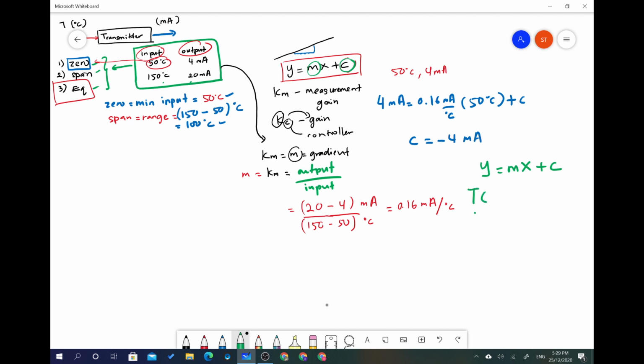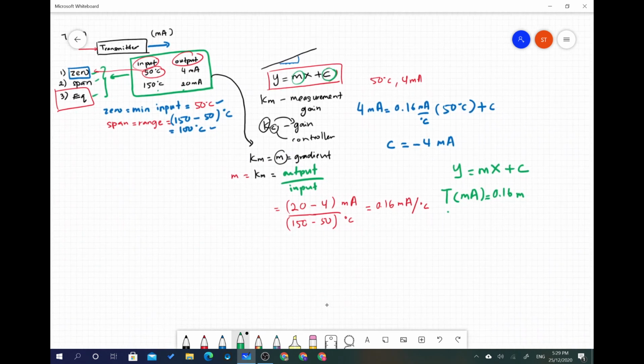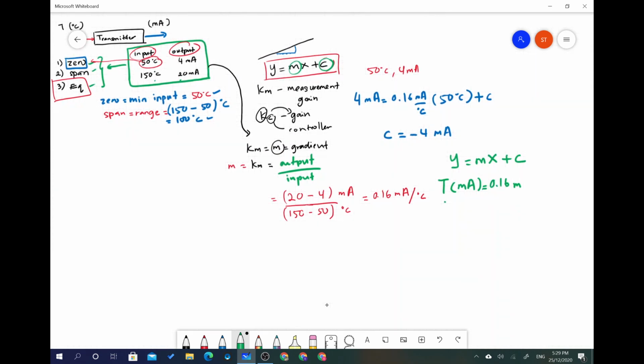In milliampere, the output, and 0.16 milliampere per degree C. Then here we have x. x is also a temperature, in degree C, minus 4.